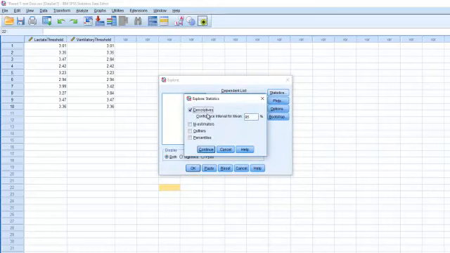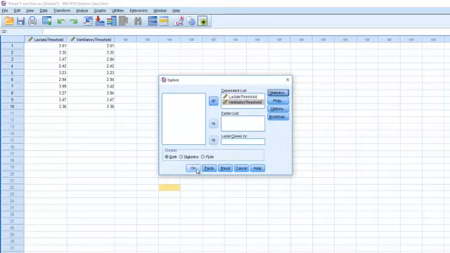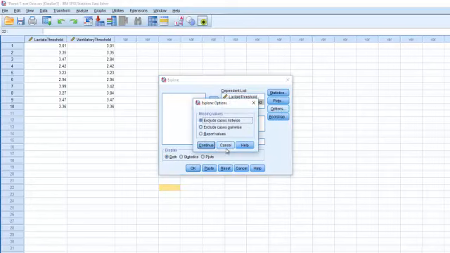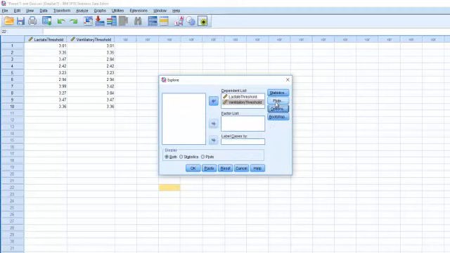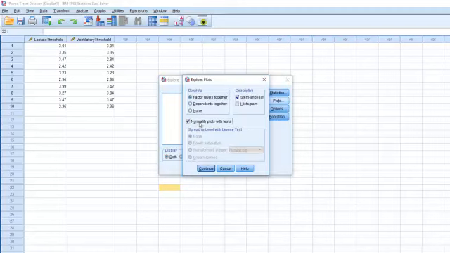We can see we've got Descriptives ticked, so that's okay. Click Continue. We're going to have both Statistics and Plots. If we go to Options, go to Plots, we want to click Normality Plots with Tests. I click Continue, I click OK.